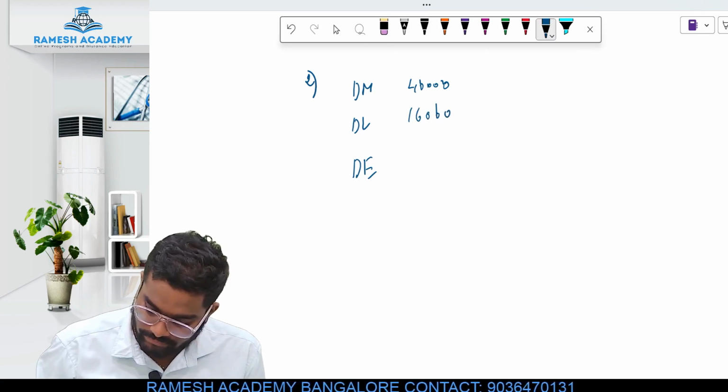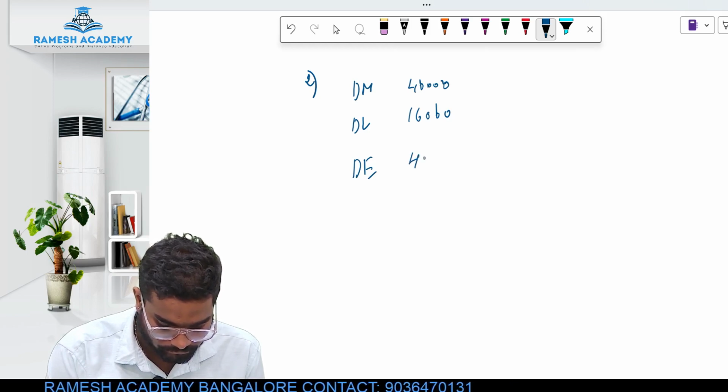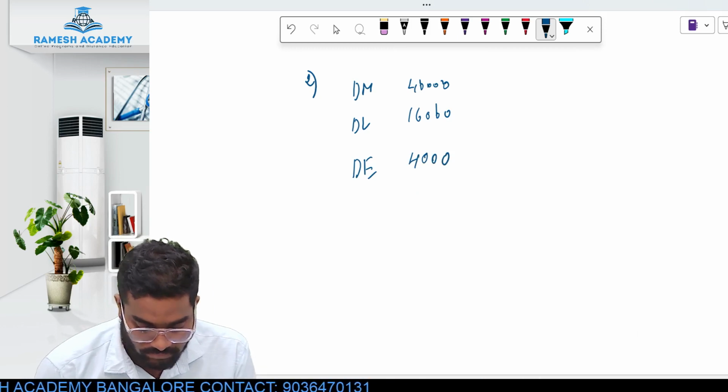Direct expense is 5 into 800, it is 4,000. Now we have calculated the direct expenses. Next we will see the overhead part.